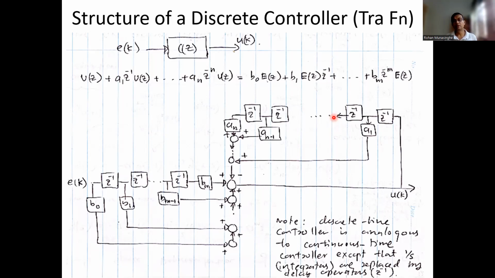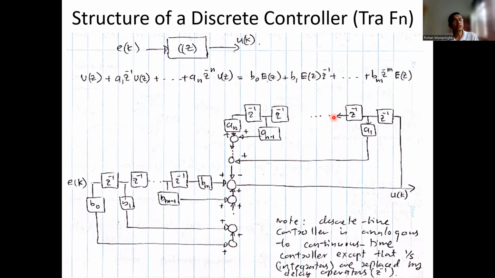You have to keep those in memory and shift them every time step. So it's like a moving wave, error and control signals. But if you look at one moment, you combine these error signals and control signals using these coefficients A's and B's, and calculate your present control signal. Just that.